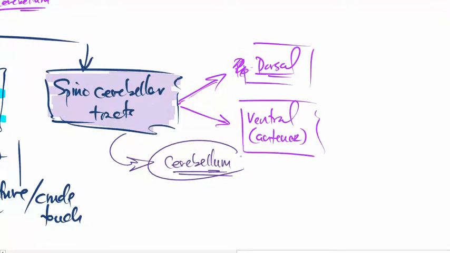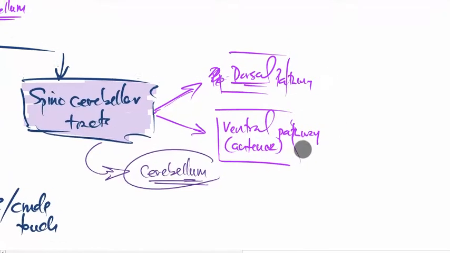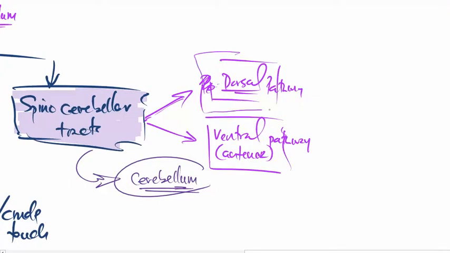So you have a dorsal pathway and a ventral pathway. It turns out that the dorsal pathway is further divided up.